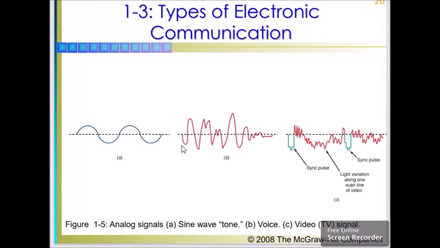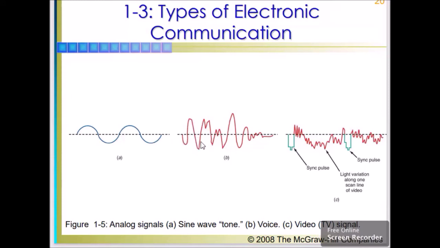Ganto. So we have here, para mas ma-illustrate siya. Okay. So ito, di ba smooth, continuous yung ating signal? Tama po ba? So therefore, itong letter A is an analog. Etong B, actually ito sinusoidal to. Ito, this is for the voice.